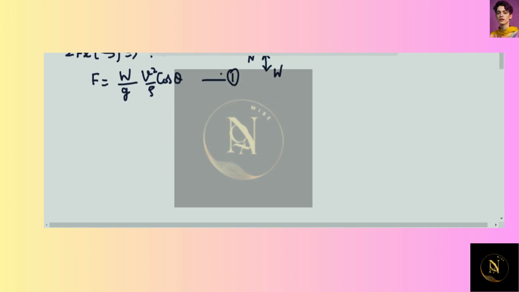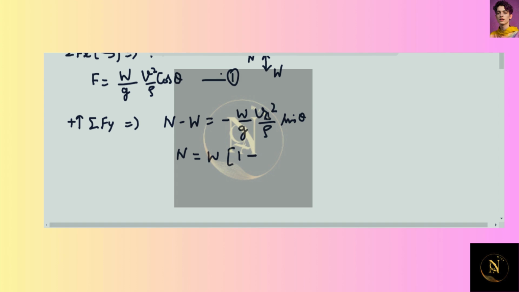Summation of forces along y direction: N minus weight is equal to minus weight by g into v square by rho sine of theta. So from above equation, normal reaction having the value N is equal to W into 1 minus square of speed at B upon rho into g sine of theta.